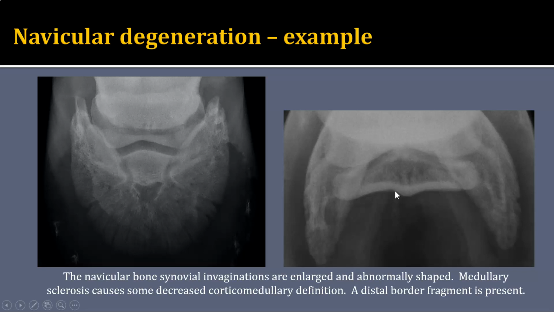On the skyline view, the additional findings are the medullary sclerosis present that is leading to some loss of distinction between the medullary region and the cortex. And then if we look over here on this side, this kind of oval region of bone opacity is actually that osseous fragment that is off from the corner here of the distal border.